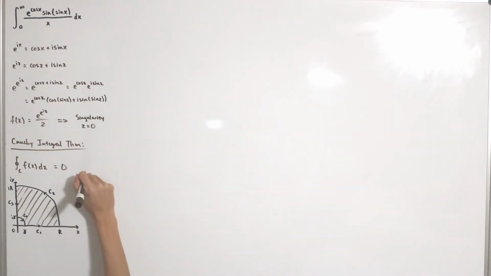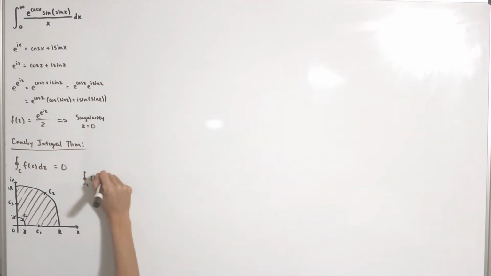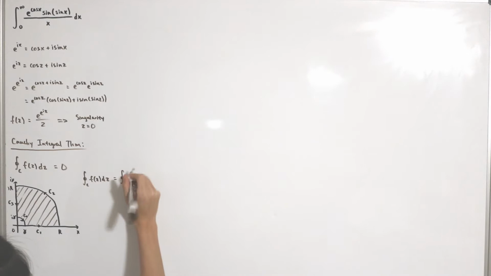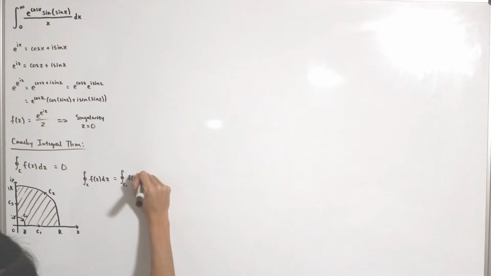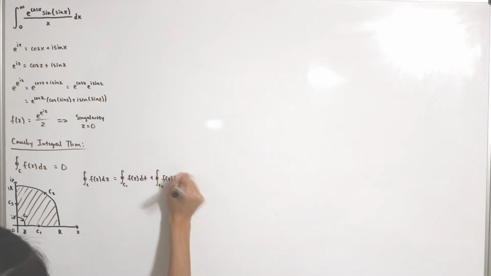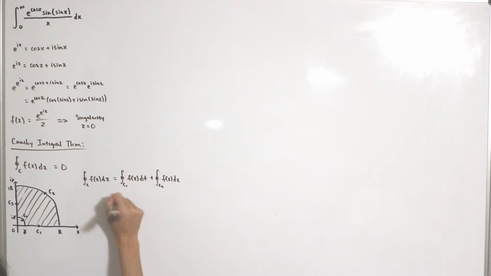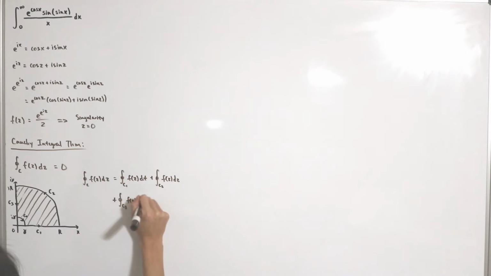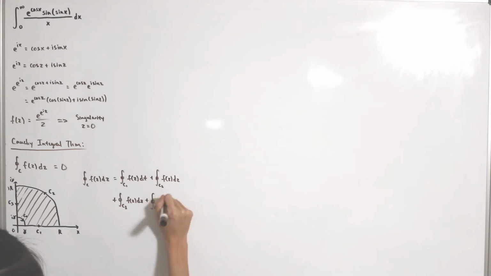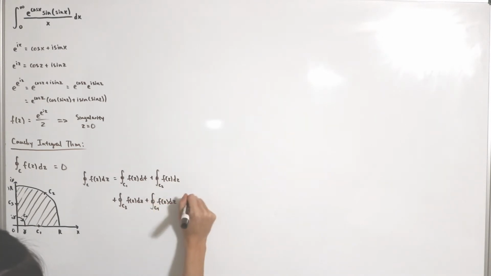So our contour integral over C of f of z dz is equal to our contour integral from C1 of f of z dz, plus the contour integral from C2 of f of z dz, plus the contour integral from C3 of f of z dz, plus the contour integral from C4 of f of z dz, and that's equal to 0.